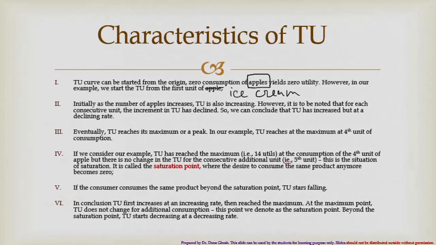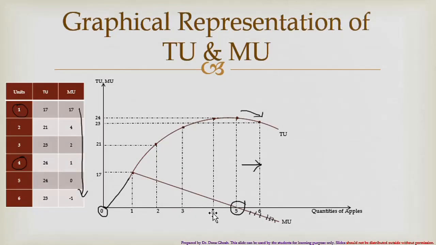Now move to the third point: eventually TU reaches its maximum, and in our example the maximum happens at the fourth unit of consumption. Let us check. Yes, at the fourth unit TU reaches the maximum.